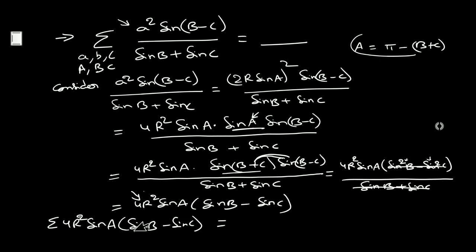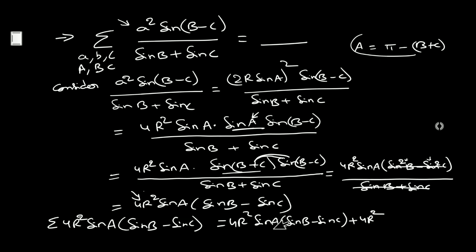First we write 4r square sin a into (sin b minus sin c), plus again 4r square.